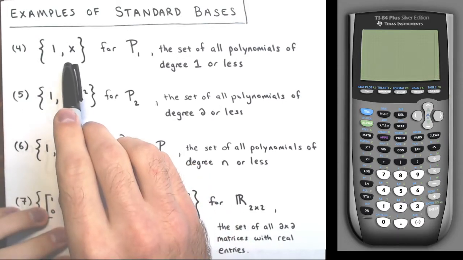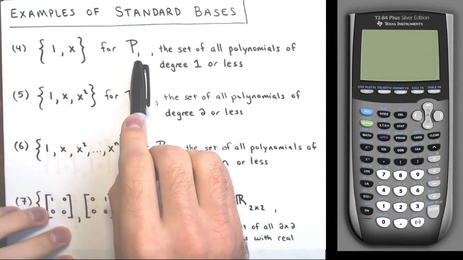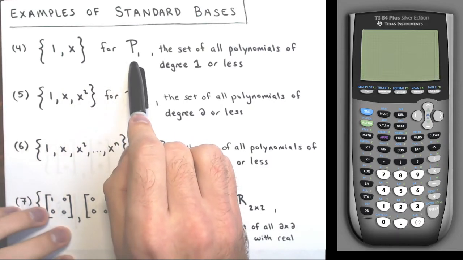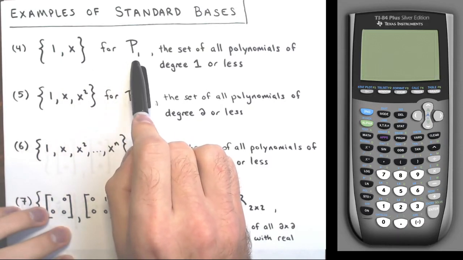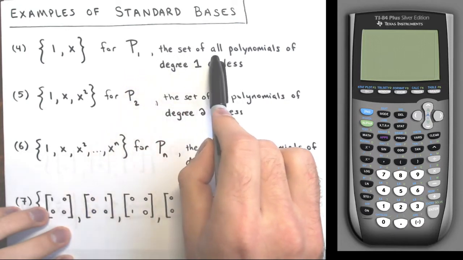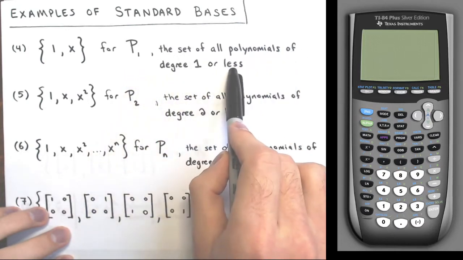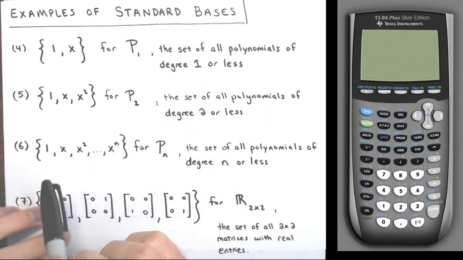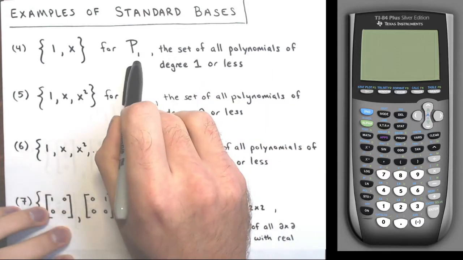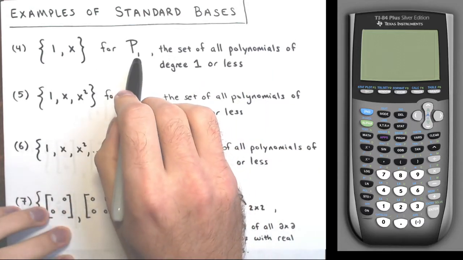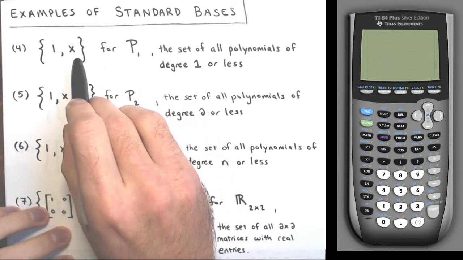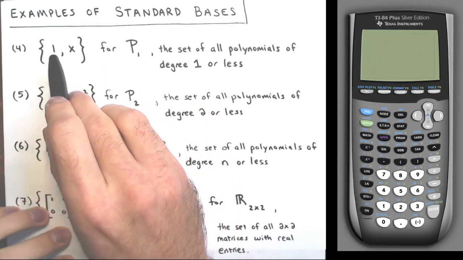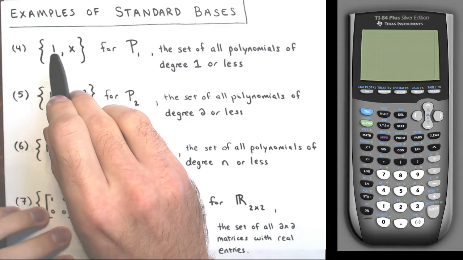This is the standard basis for P1. Remember the P with a subscript, this fancy P with a subscript, represents the set of all polynomials of that degree or less, so degree 1 or less. And think about that. Any polynomial of degree 1 looks like something times x plus some constant, which would be a scalar times 1.